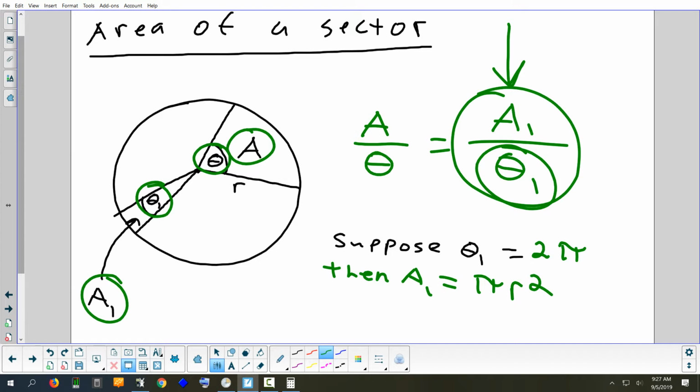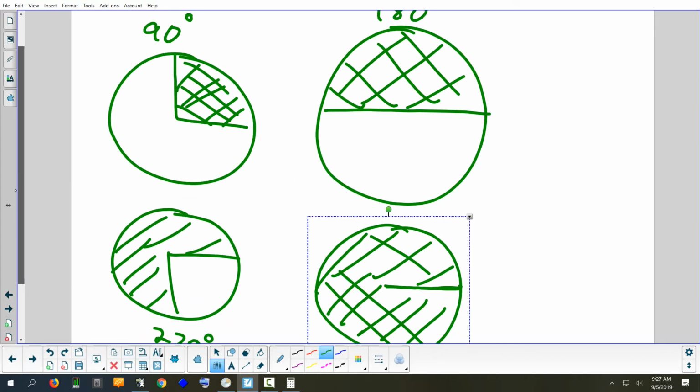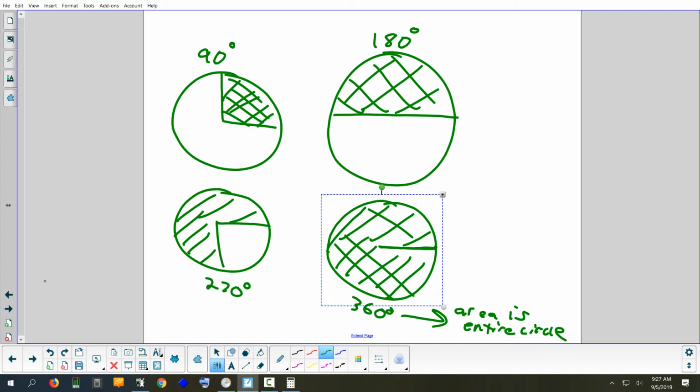Any questions on that? Why do you have 2 pi? Because 2 pi is 360 degrees. That's pi r squared. Pi r squared is the area when the angle is 360 degrees. So our goal was to come up with a connection between the size of the angle and the size of the area that it covers.